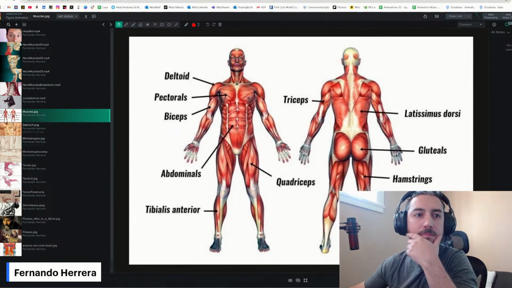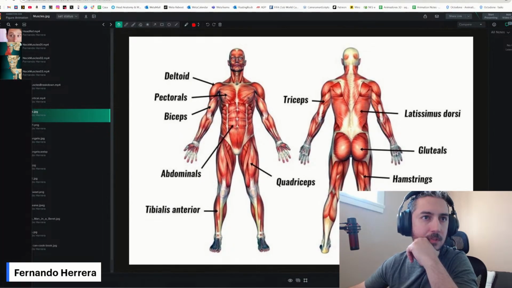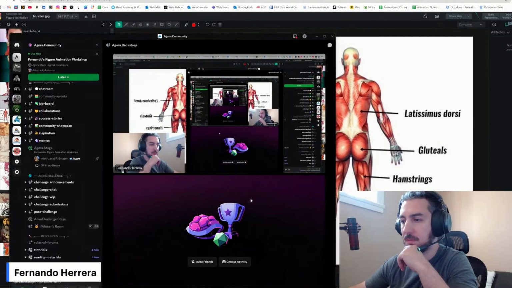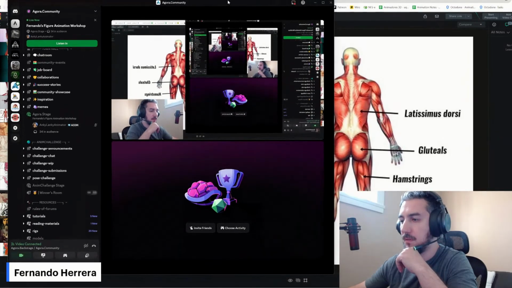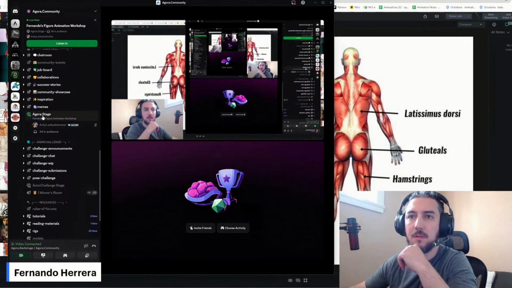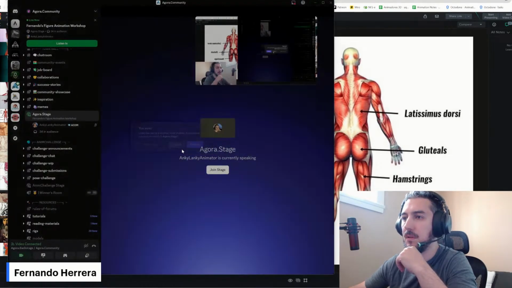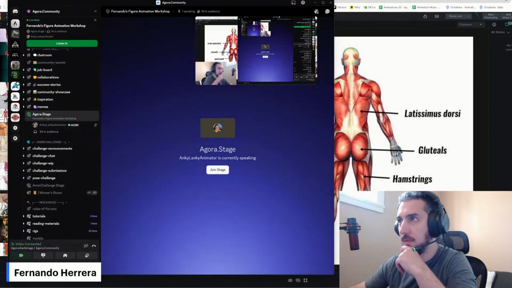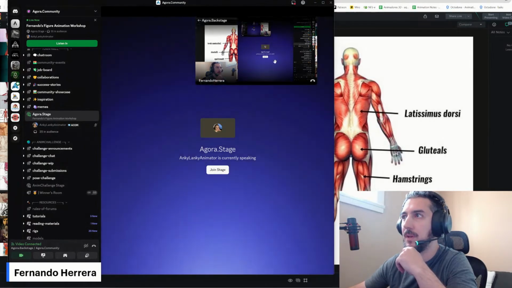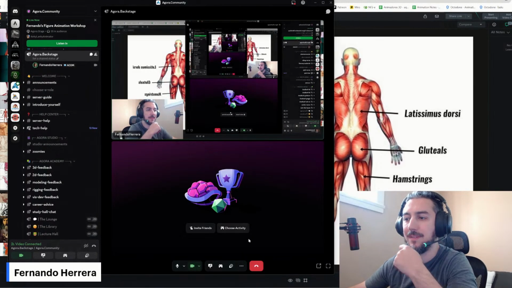All right, you just need to go live in Discord as well. Discord, let me see. Oh, wait, I'm on backstage. What? Yeah, so you just need to click stage. You just have to click join stage and it'll switch you. Okay.